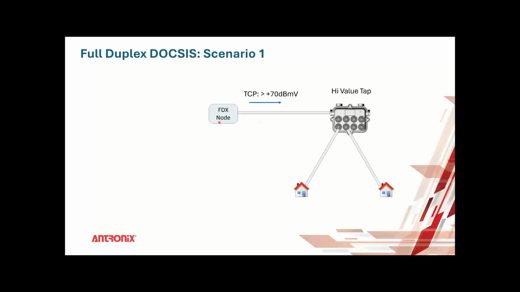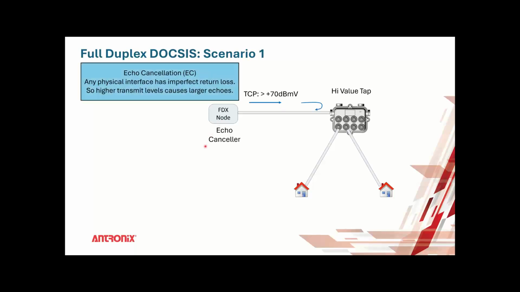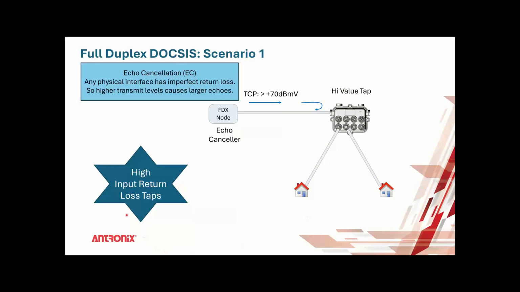In this scenario, there is going to be an echo when you hit the input return loss of the tap. Because of the high signal level, the reflection is higher. So this has a higher echo due to the high value taps.